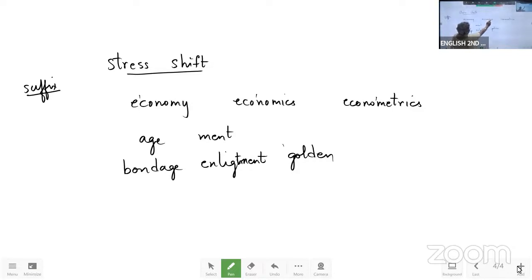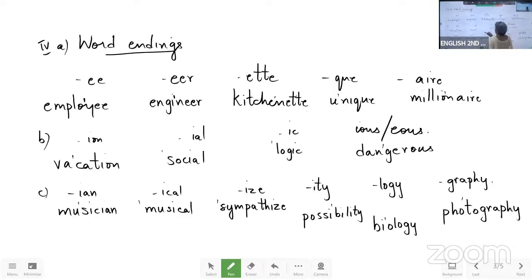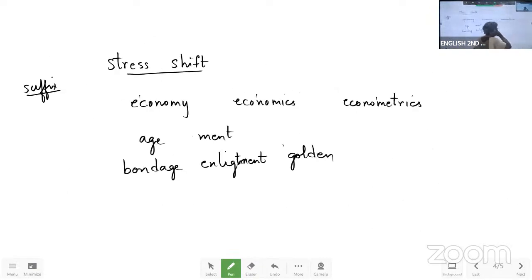And you should remember, when it ends with IC, sorry, I see, it is from the end second syllable. So this you should keep in mind. Economics, so it comes on the third syllable. Econometrics, again, there is a shift.